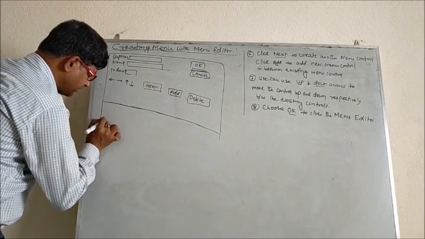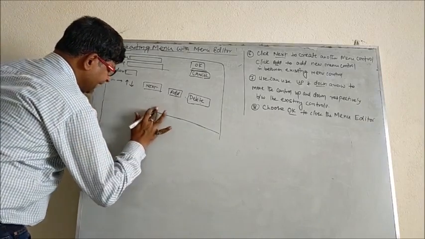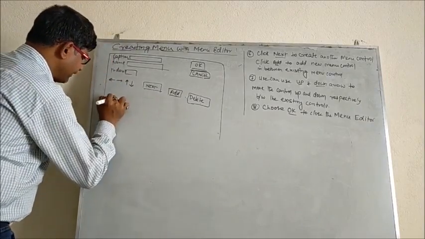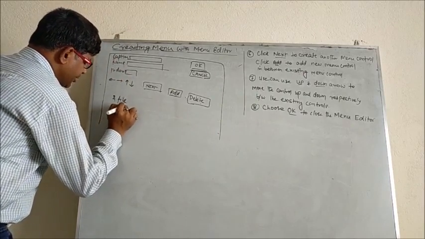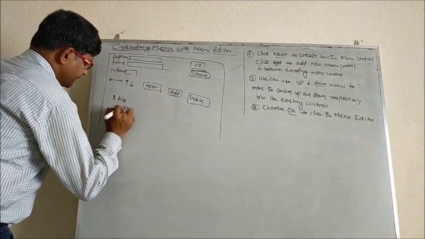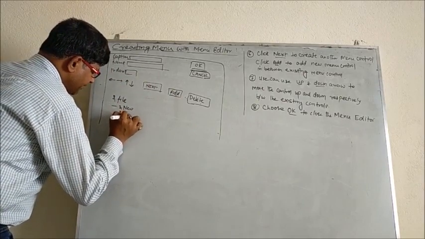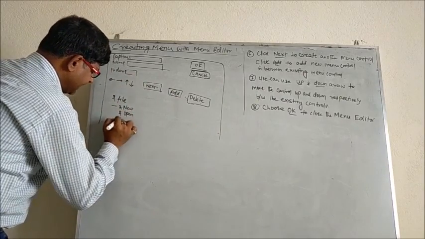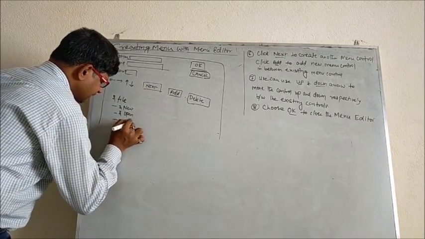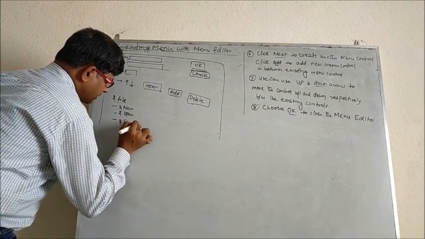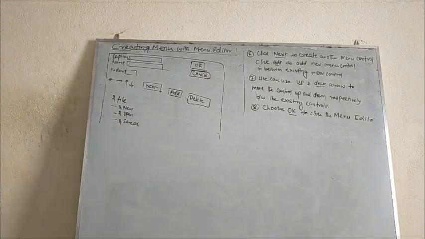controls. Suppose what is going to happen? Suppose I have taken File, and in File I have taken New with 1 space, Open with 1 space, and Save As with 1 space, right? Okay.